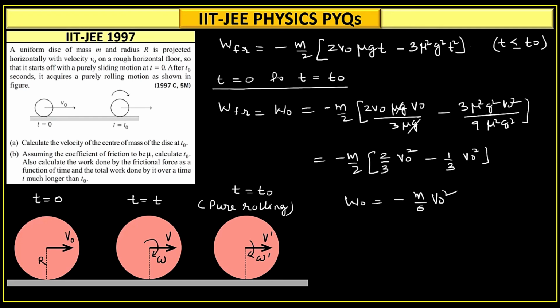So whatever work has been done till time t naught, that will be the work done for a long interval of time. So if t is greater than or equal to t naught, then the work done by the friction is just w naught, which is minus 1 by 6 m v naught square, and that is our answer. Thank you.